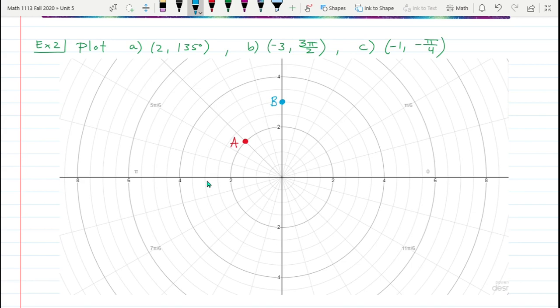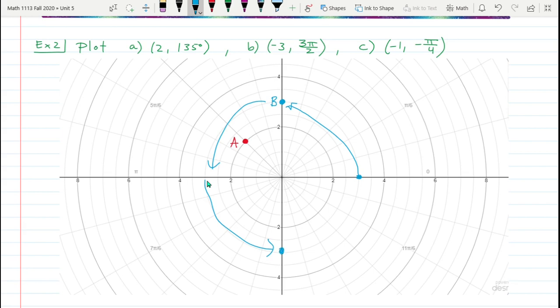Another way to do point B is to start with the absolute value of -3, which is 3, right? So it's right here. And then I'm going to open up 3 pi over 2. Again, I told you it was 3/4 of a rotation: 1/4, 2/4, and 3/4, right?